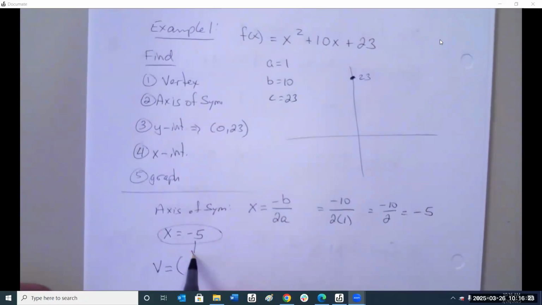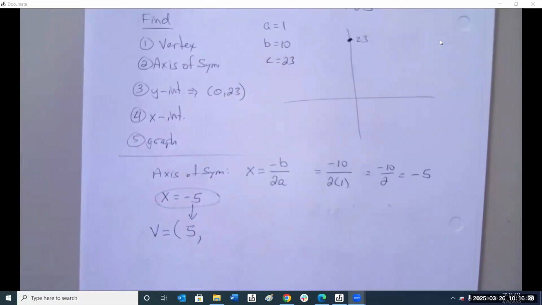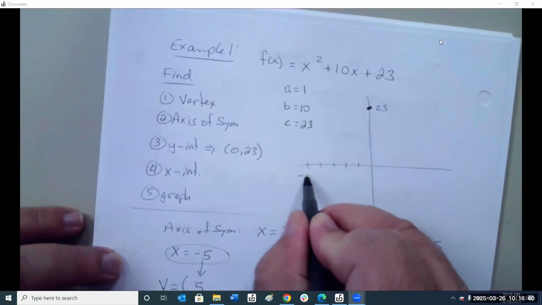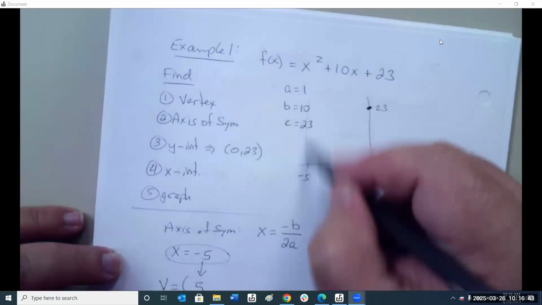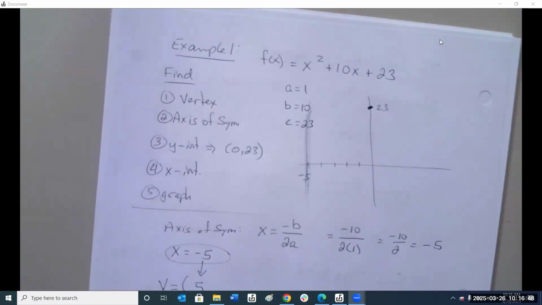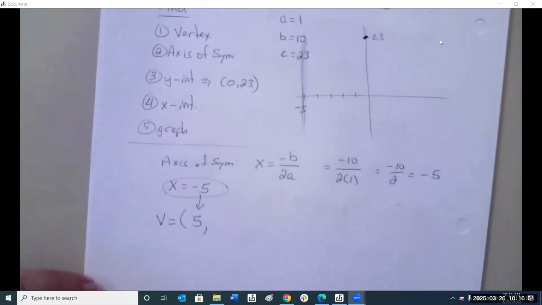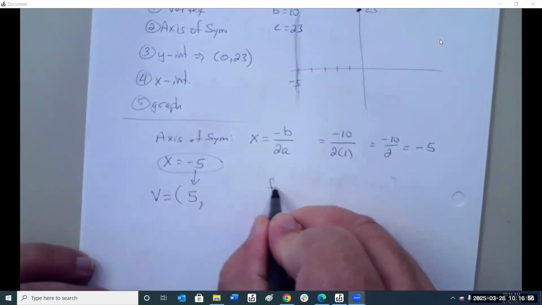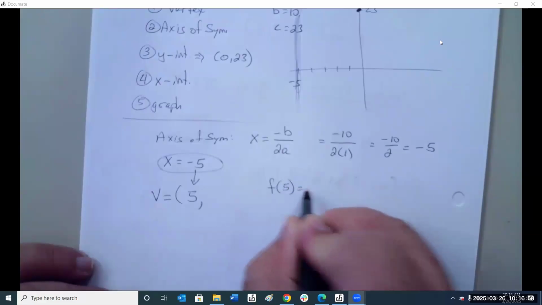We can use that to find the vertex also. The x value of your vertex is the axis of symmetry. So we know the axis of symmetry is right here. Where's the y value? So I put the -5 inside the function.